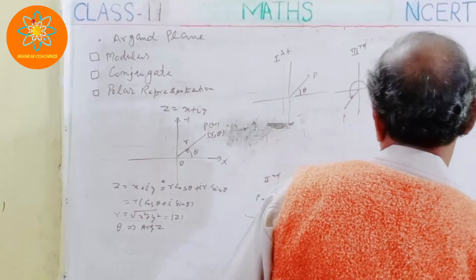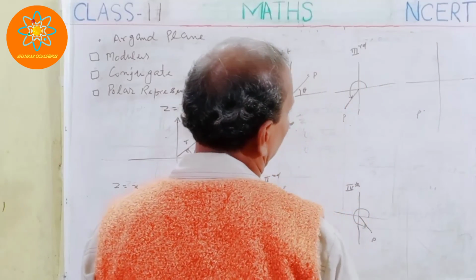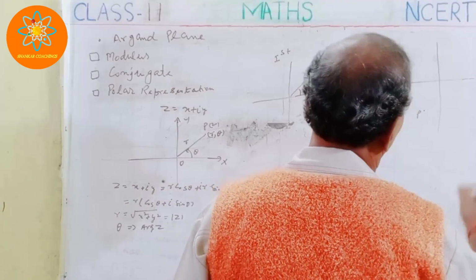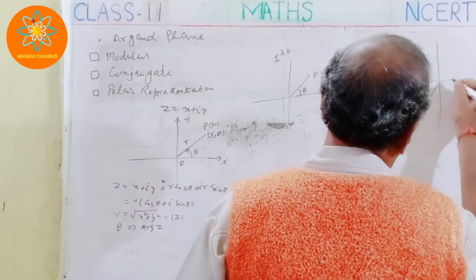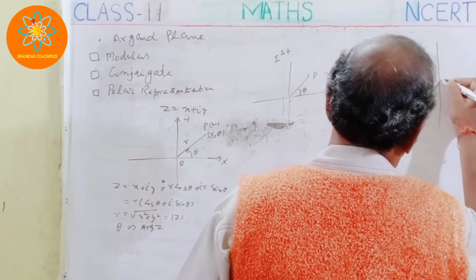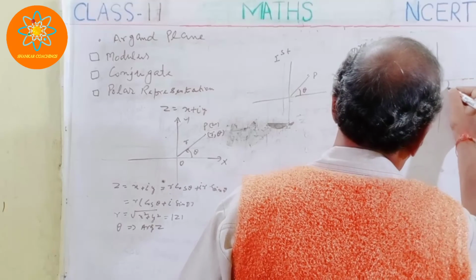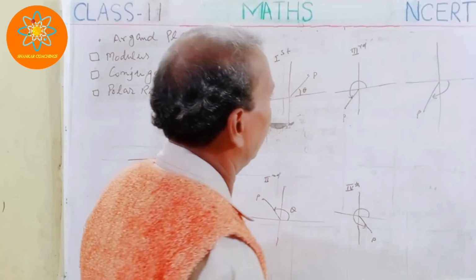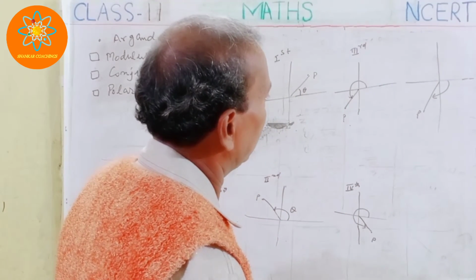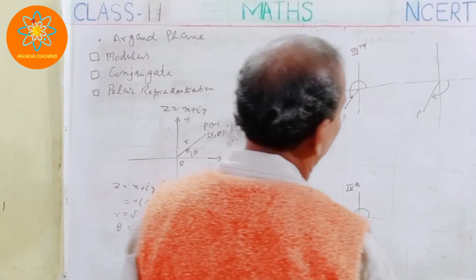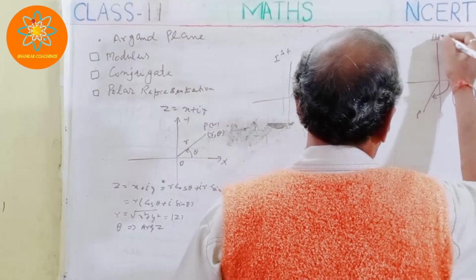Then for minus pi to pi, it will be like this. This is for the case of the third coordinate.